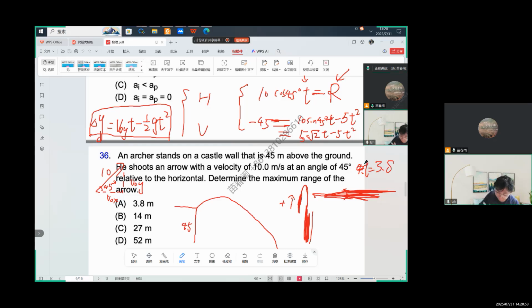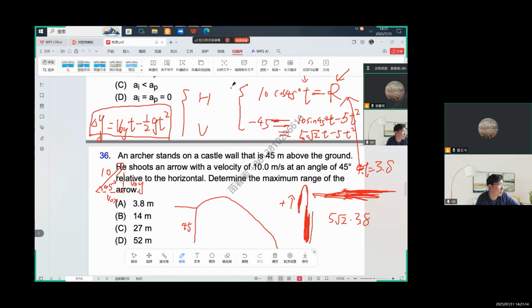And then you can substitute this t into the first equation: 10 cosine 45, that's 5 root 2 times 3.8, it's 5.2, that's going to be like 27. Okay, great. So this is the way to go.